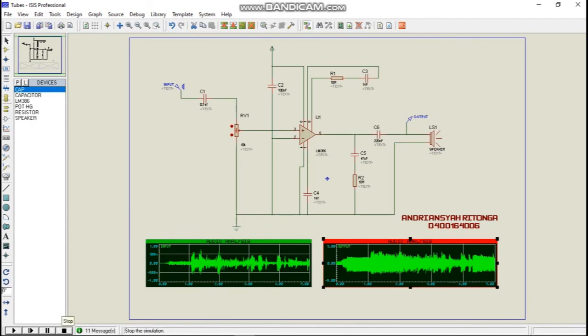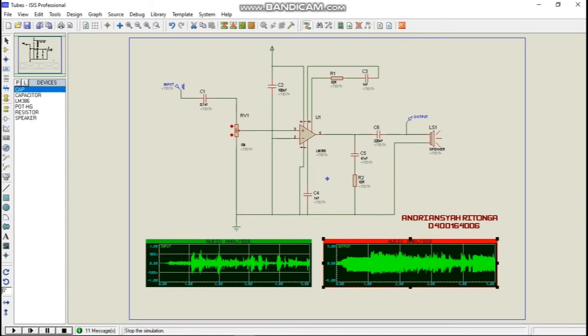Okay, on the input of 0.7 microfarad and adjustable resistor 50%, judging by the audio graphic image in the center, the sound produced is fairly normal.